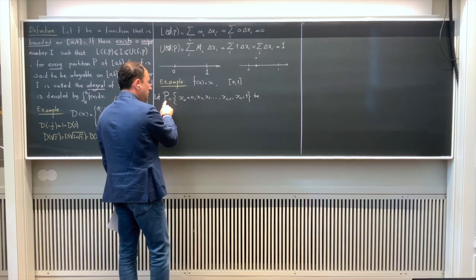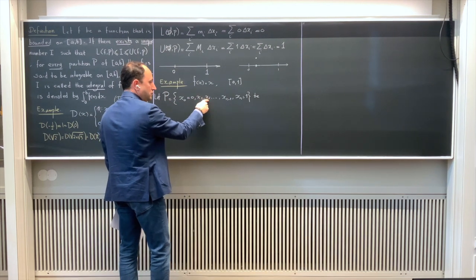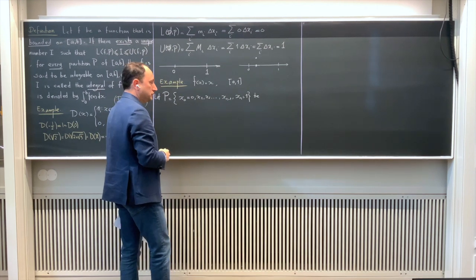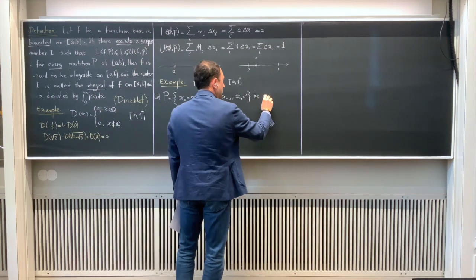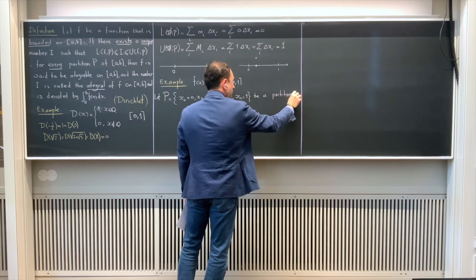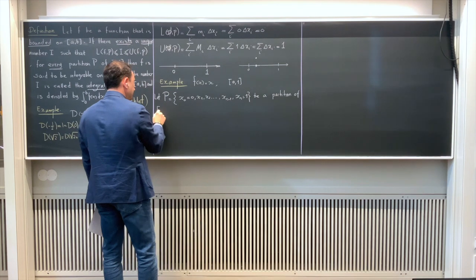But when I say partition, you remember x1 is less than x2, x2 is less than x3, etc. I am arranging them in ascending order. So let P be a partition of 0 and 1.